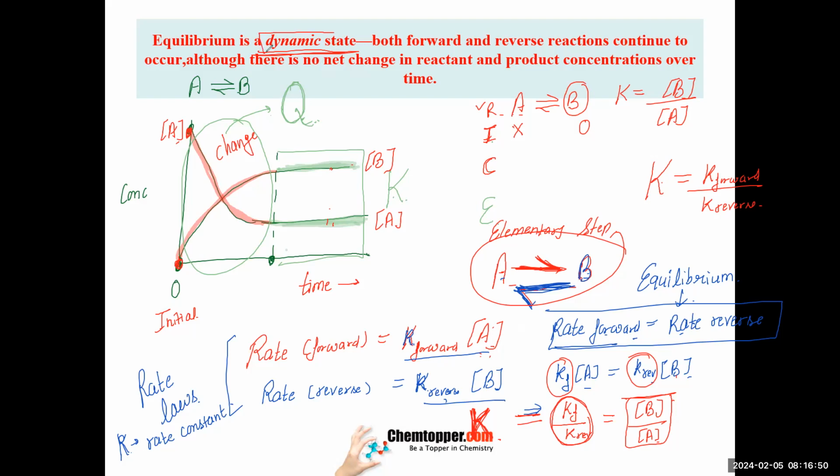Dynamic means the system has not stopped. The reaction has not stopped. Whatever amount of A is converted into B, exactly the same amount of B is converted into A.